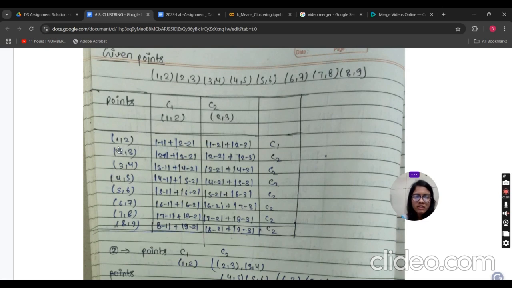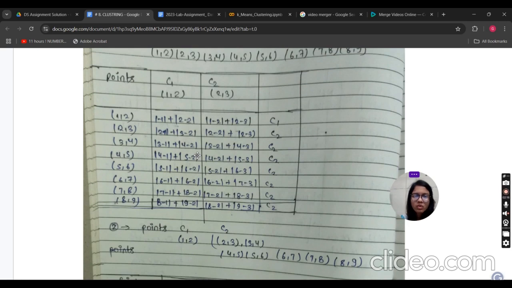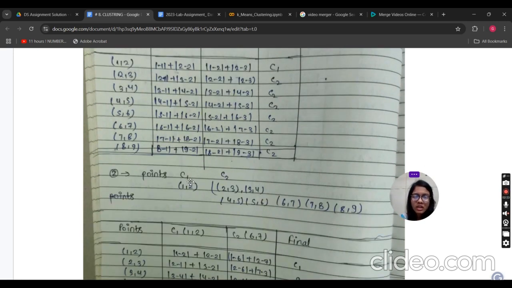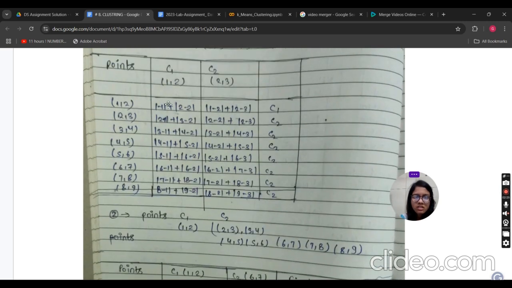Here I calculate the distance between each centroid and each point: 1 minus 1, 2 minus 1, 1 minus 2, 2 minus 3. In both groups, the one in which I get the lowest value, I put the point in that cluster. So for C1, 1 minus 1 is 0 and 2 minus 2 is 0, and 0 plus 0 is 0.